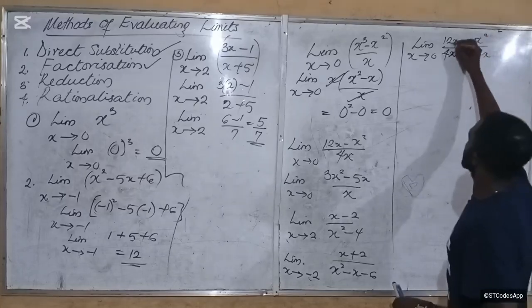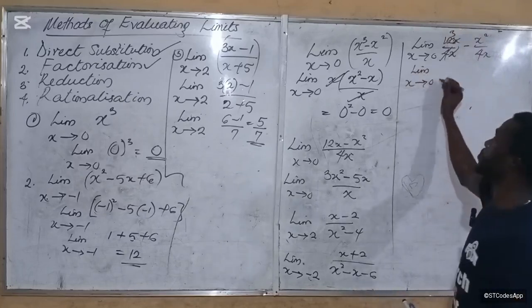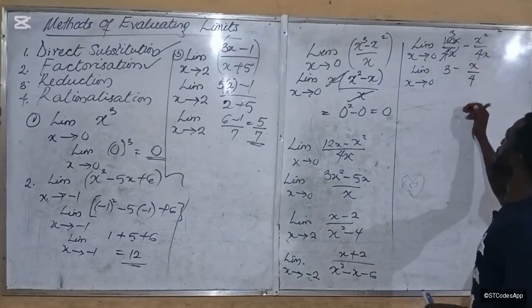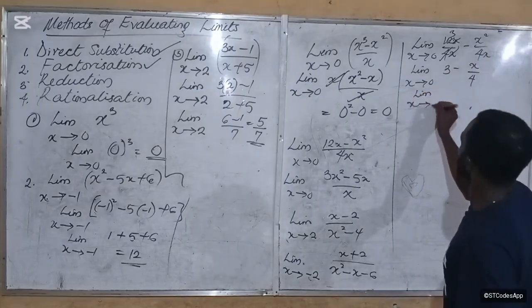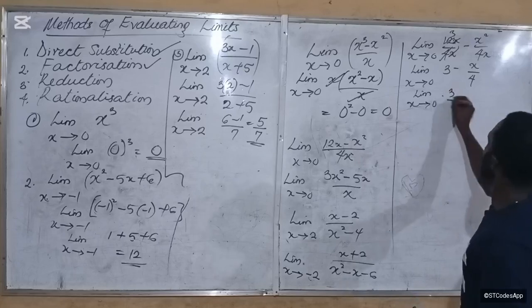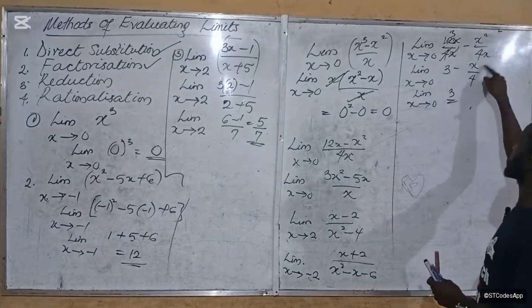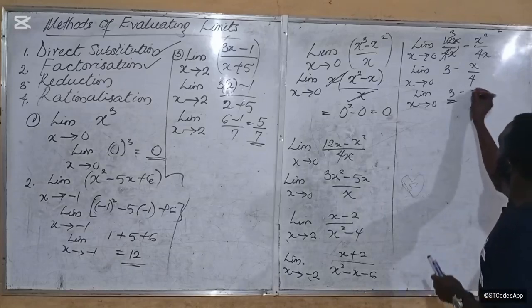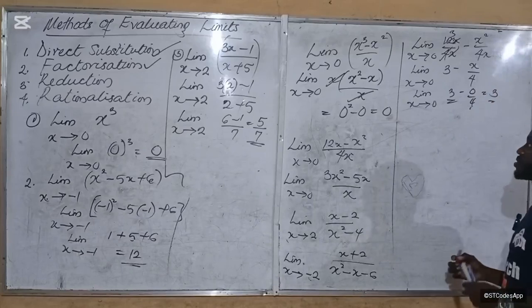So if this be the case, this takes care of the answer. We have 3 here. So that we have the limit as x approaches 0 of 3 minus x over 4. So when you put 0 here, this becomes 0. And the limit as x approaches 0 is what? 3. Our function approaches 3. Because 3 minus 0, the moment you substitute 0 here, it becomes 0 over 4. Minus 0 over 4, that is 3. Okay? 3 minus 0 is 3.